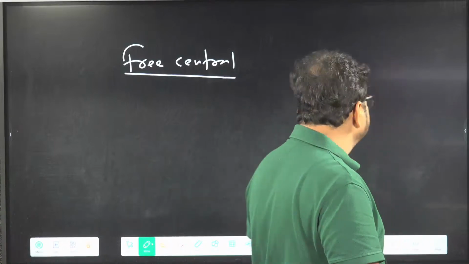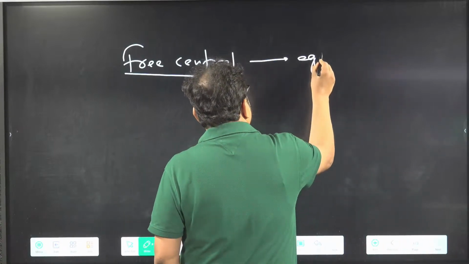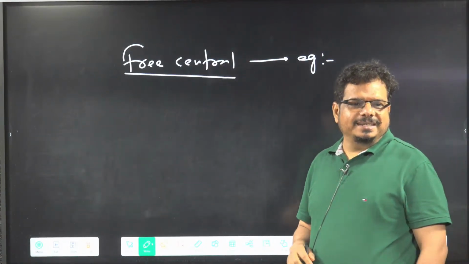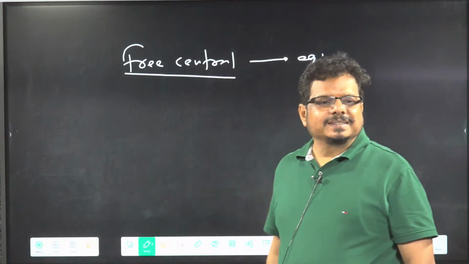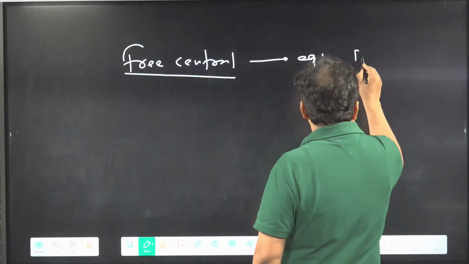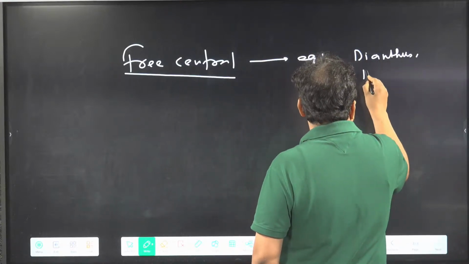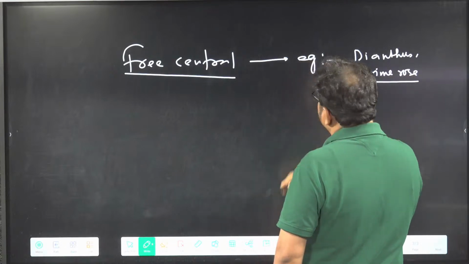In free central placentation, first as usual we follow the same trend, example without NCERT. Answer without NCERT. Very good. Example is what? Dianthus and primrose. Dianthus and primrose.